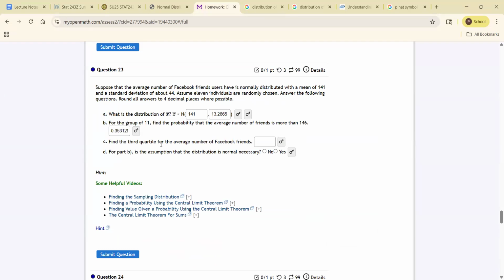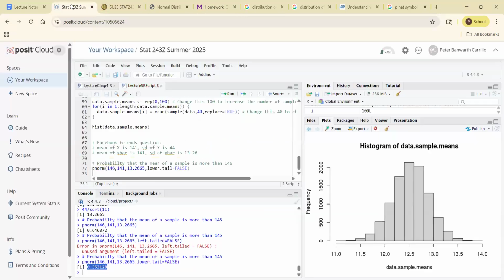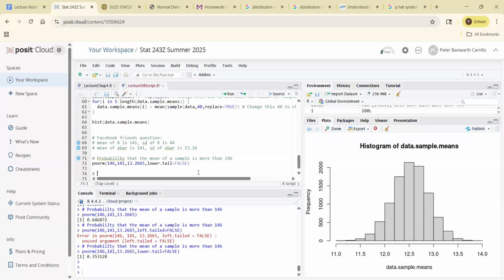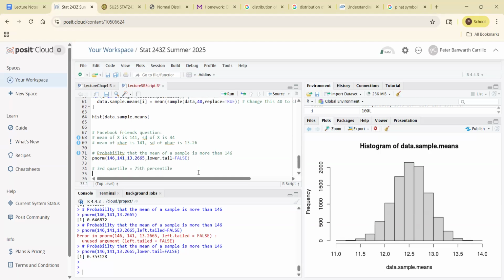We can find the third quartile for the average number of Facebook friends, which is the 75th percentile.